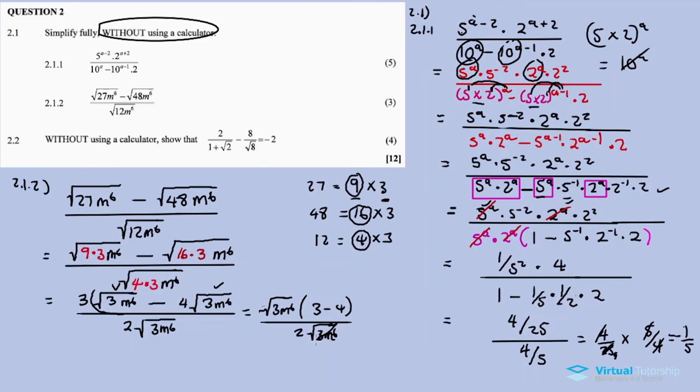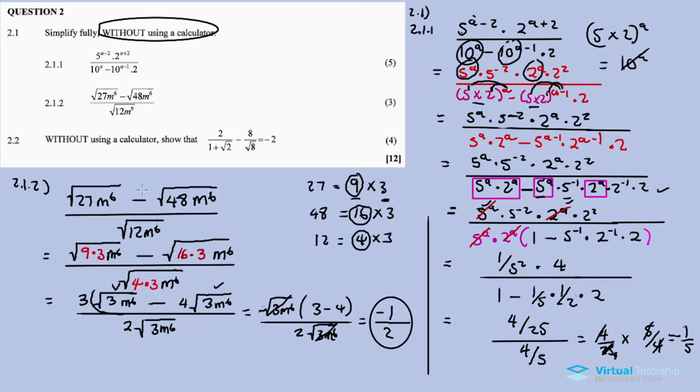Then this you cancel with this. What will I remain with? I will remain with 3 minus 4. What is 3 minus 4? It's minus 1, not minus 4. It's minus 1 divided by 2. So this is our answer.